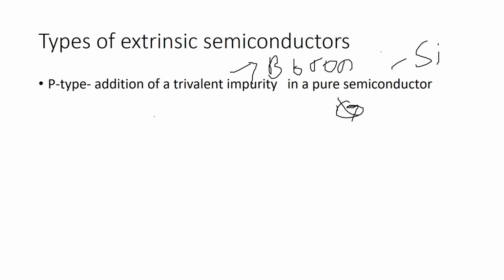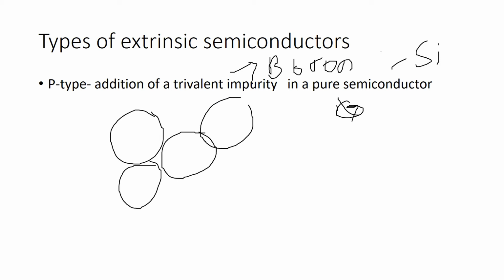Now, assuming you have your silicon element here, then you have your boron, then you have your silicon. Let's just draw a small crystal.